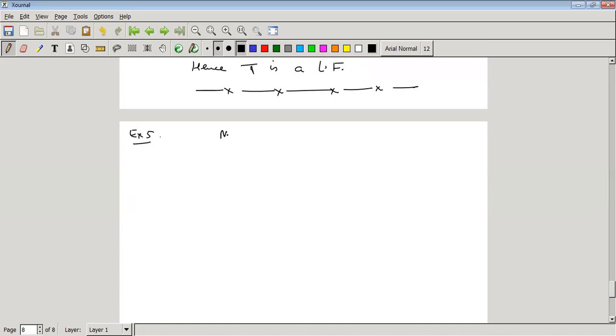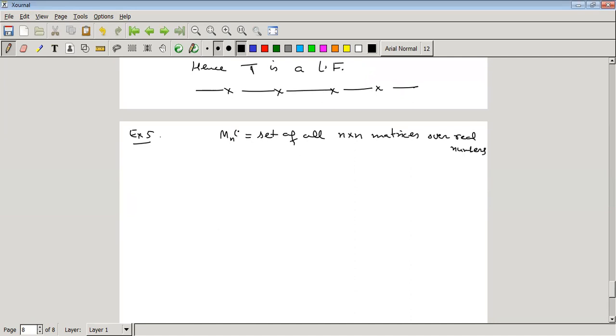Now we have Mn. Mn is the set of all n cross n matrices over real numbers.